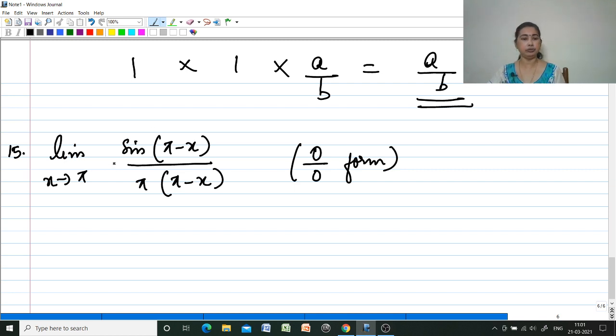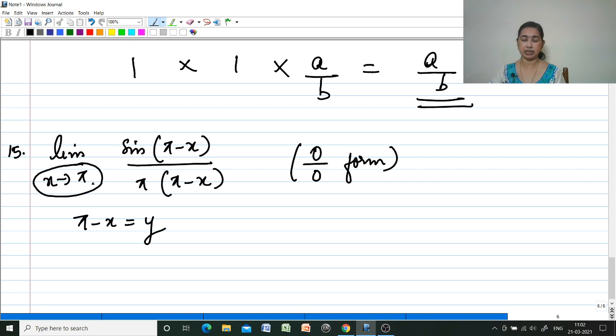So we have to go for any of the methods which we have learned. I am going for substitution, that is, I am giving pi minus x as y. If I am changing this, the limit side also should be changed. Here x is tending to pi, since I am changing everything in terms of y, the limit also should be changed in terms of y.